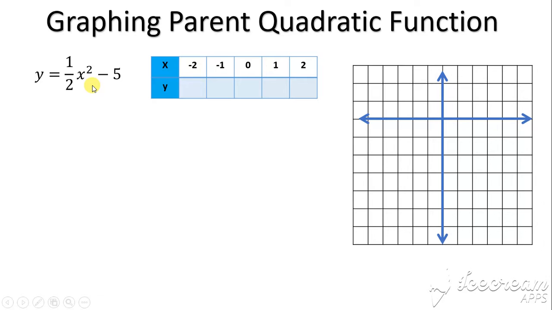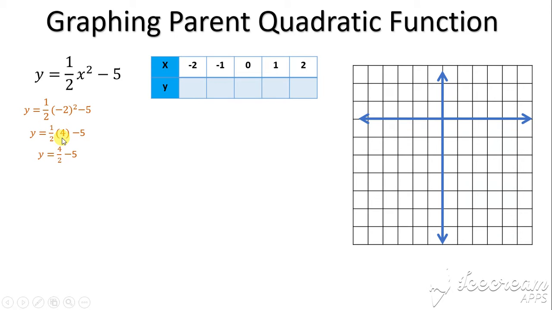So I'm going to start substituting my value of -2 instead of x. I'm going to have 1/2 times the -2 raised to the second power, and this is just the same as having 1/2 times 4 minus 5. In this case, you need to multiply the 1/2 times the 4.